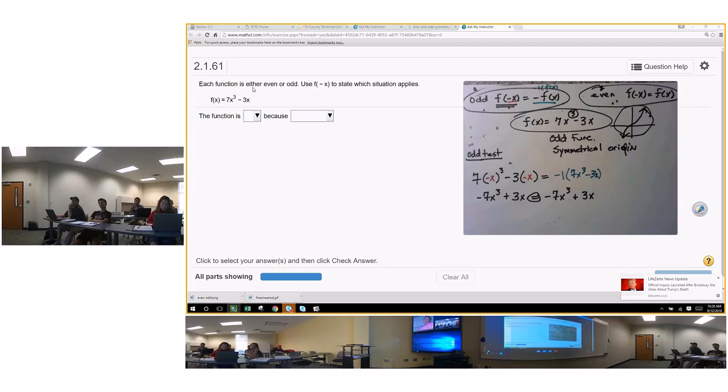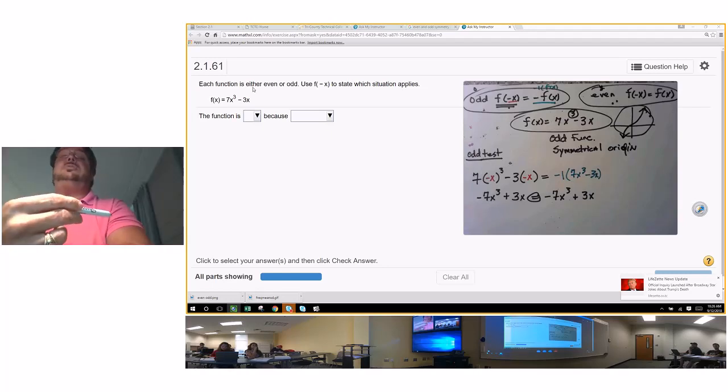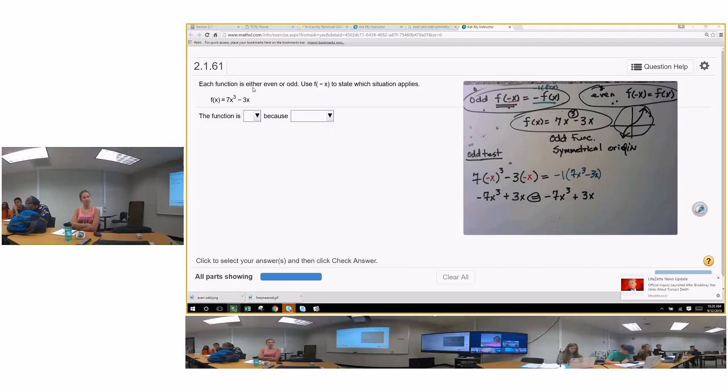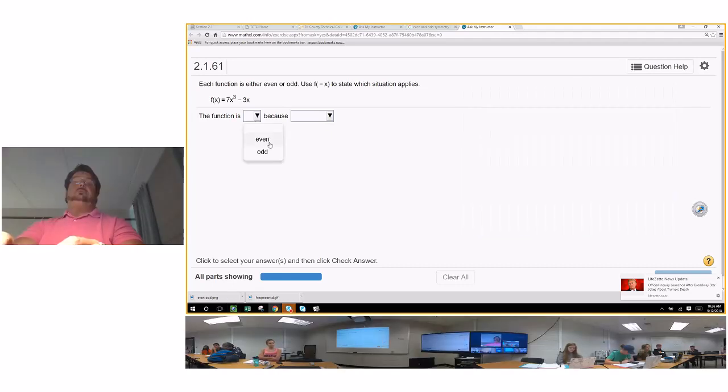It would say each function is either, or determine if f of x is even or odd or neither. The function is odd because f of negative x is equal to negative f of x.